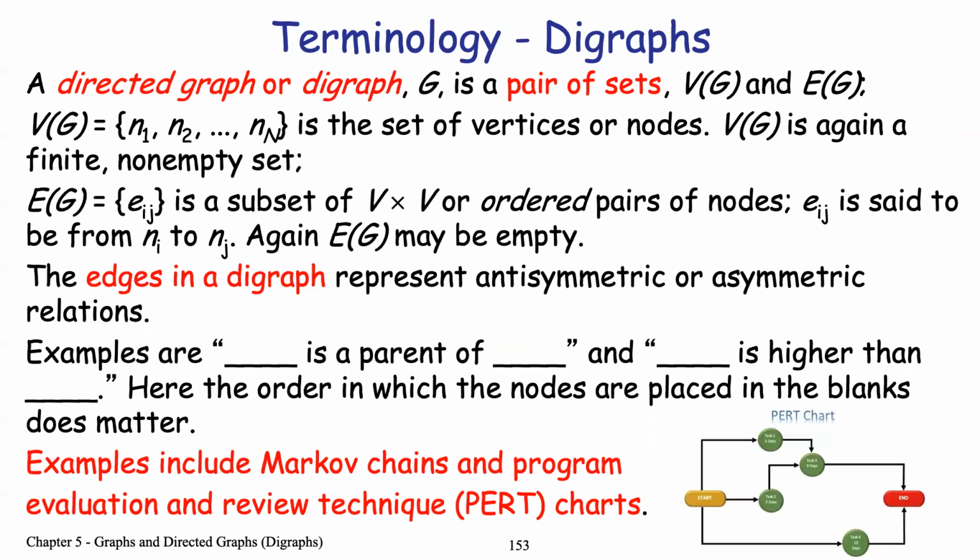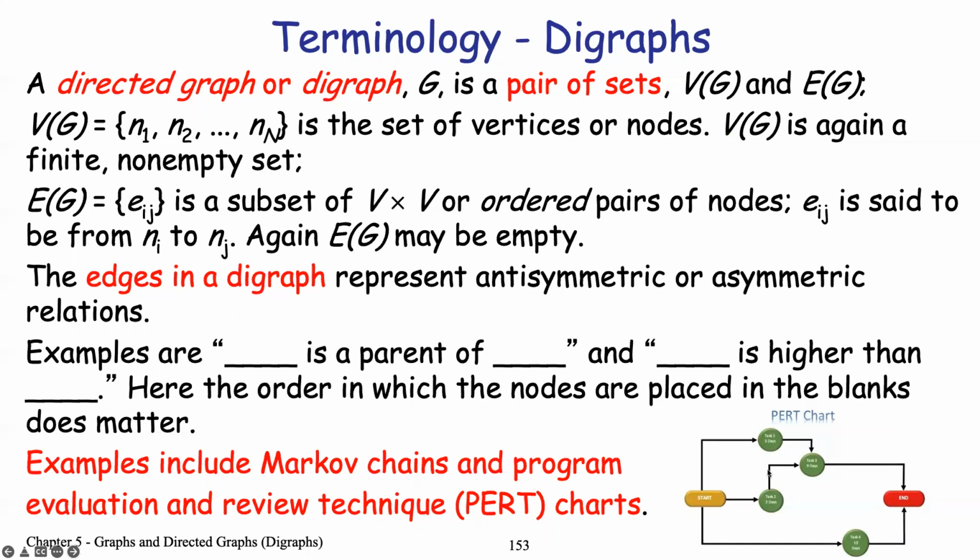There's a certain kind of graph called a digraph, or directed graph, where it's not only showing that there's a relationship between elements, but you can say there's like a one-way street that's laid out. And so the edges in a digraph represent an asymmetric relation.